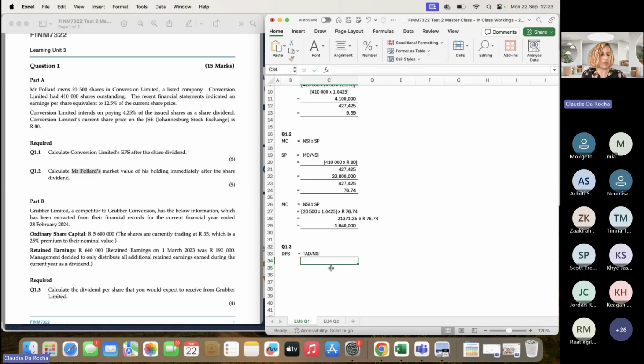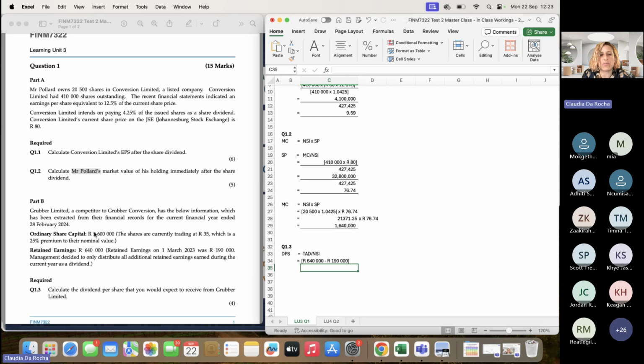Okay, a total annual dividend, or what we have for distribution, in other words, would be the retained earnings for the current year, because they told us that. They say that is what they're going to distribute. So it is going to be the 640 minus the 190 all over our number of shares.